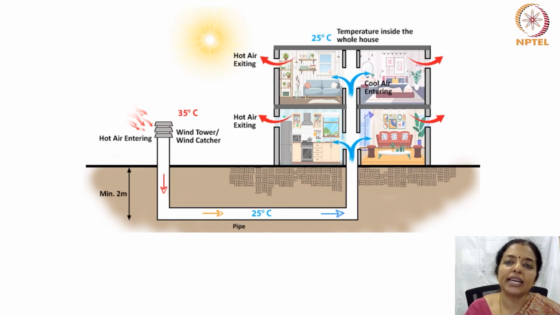Since the subterranean temperature is generally less than the outside temperature, because the earth's subsurface has insulating properties, the ground acts like a thermal buffer, and it absorbs and releases heat more slowly than the atmosphere.